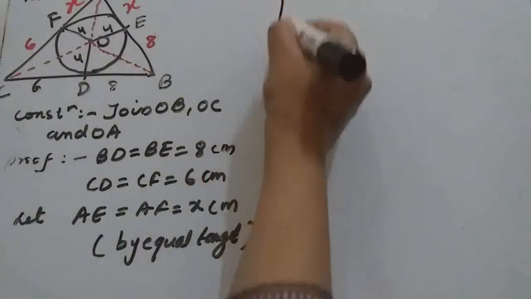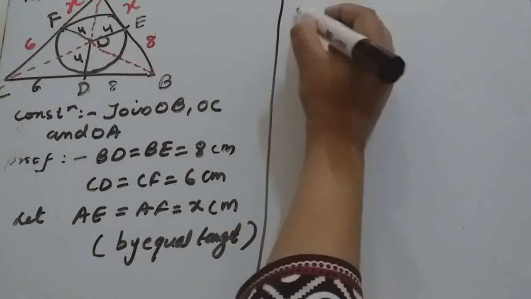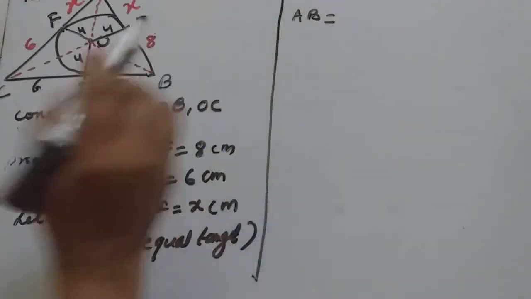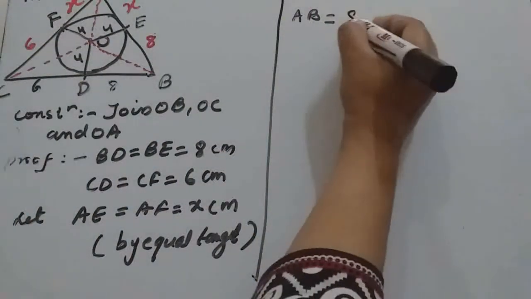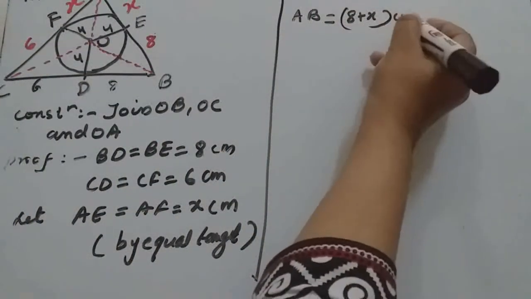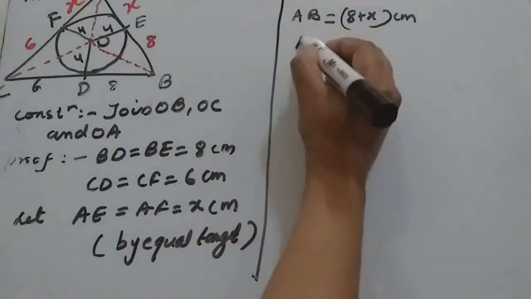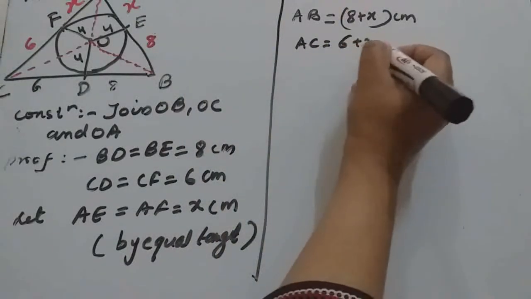Then the length of AB will be 8 plus x, and AC will be 6 plus x.